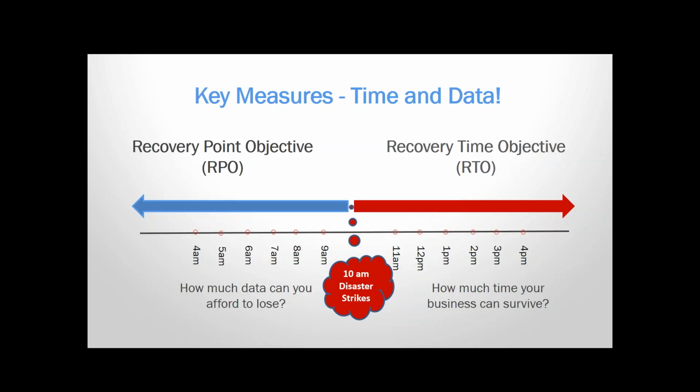Okay, so for the time component, recovery time is the time required to restore your system to a point where you can begin to operate a business. So if you encounter a server crash, as an example, your recovery procedure may say that in this scenario you have to go and buy a server, then you rack it up and configure it, and then you restore your data from the backup.